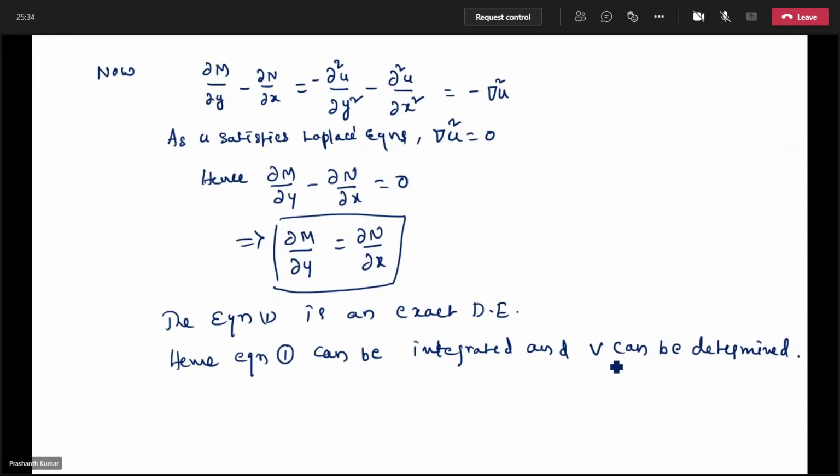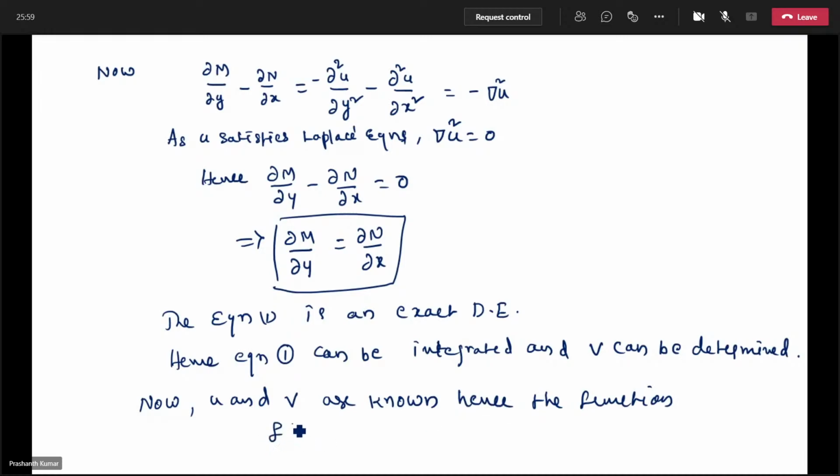So once you get u, now u and v are known, and the function f of z is equal to u plus iv is determined.